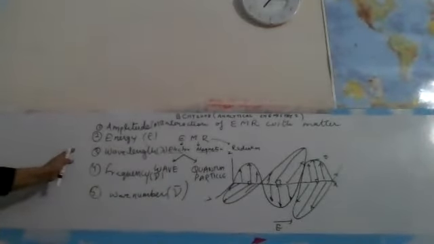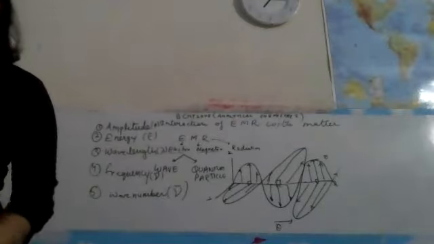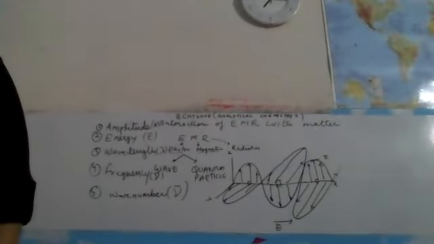First is amplitude. The amplitude of the wave can be defined as the maximum height to which the wave oscillates and is equal to the height of the crest or depth of the trough. It is also the measure of radiant power of radiation.